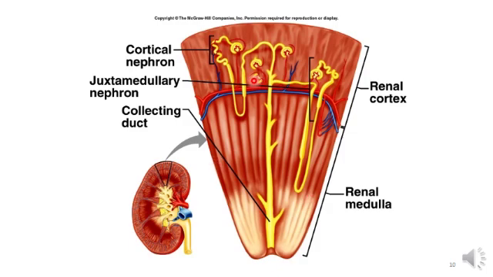This is the renal cortex. The part of the nephron found in the cortical region is known as the cortical nephron, and the other part, found in the medulla, is known as the medullary nephron.